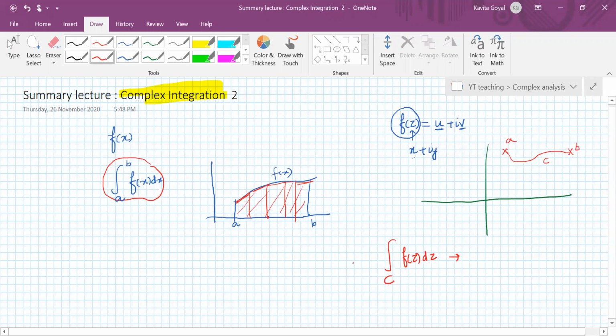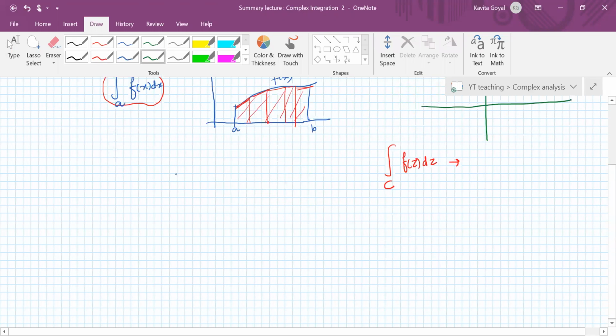Now what we mean by this integral is similar to what we do for a real valued function of one variable. We divide the curve c into n parts. They may not be equal. You have the starting point, which you call z naught, then the next point z1, the next point z2, next point z3, and so on. The last point you call b. Now in each small interval, you take points, say zeta 1, zeta 2, zeta 3, and so on, zeta n.